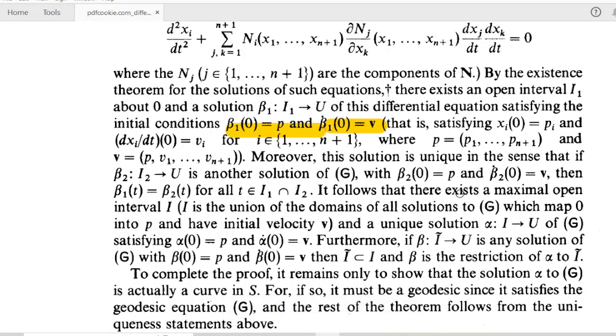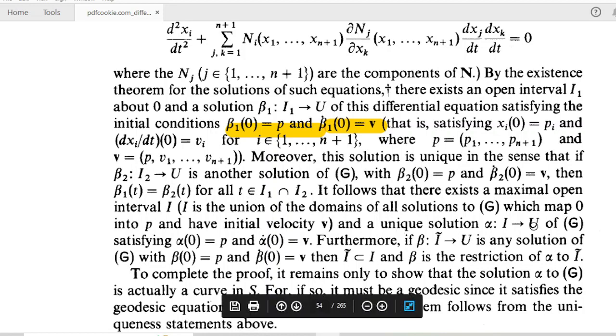So it follows that there exists a maximal open interval I, which is the union of the domains of all solutions to G which map 0 to q and have the initial velocity vector v, and a unique solution alpha from I to U satisfying these conditions.